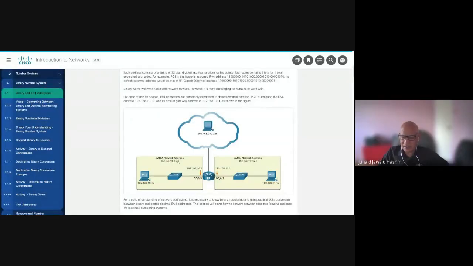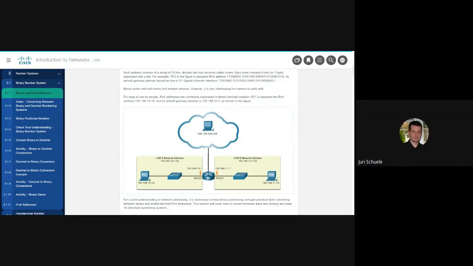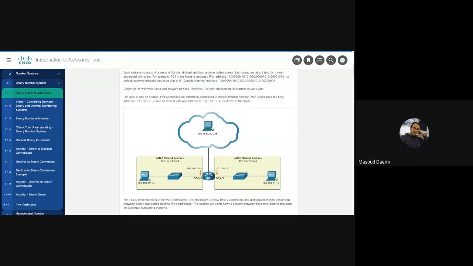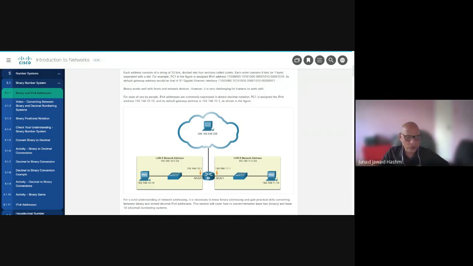What does this represent? 24, Yuri? The subnet mask. Okay, exactly, it represents the subnet mask. But what does 24 mean? Number of hosts? No, it's not the number of hosts.